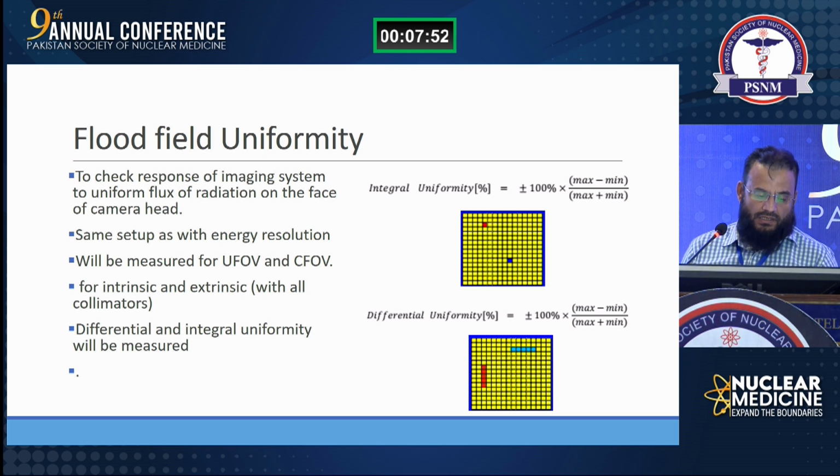Differential and integral uniformity will be measured. Integral uniformity is the ratio of the difference between maximum and minimum counts in a pixel to the sum of maximum plus minimum counts in the whole image. While in differential uniformity, the difference between maximum and minimum is taken from 5 consecutive pixels in a row and column.